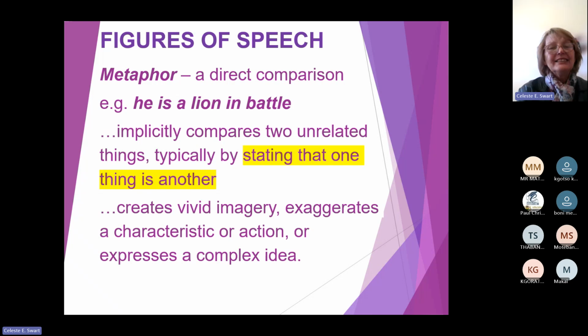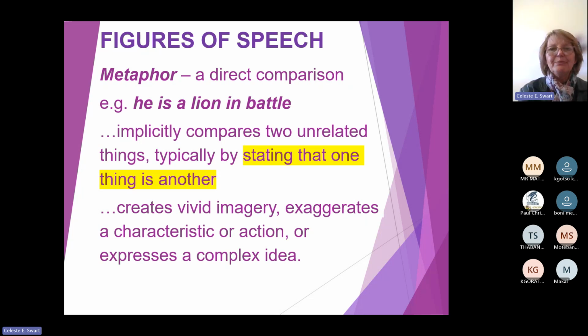A metaphor is also a comparison, but it's a direct comparison. Remember with the simile, we said he is like a lion in battle. Here we say he is a lion in battle. So we are stating that one thing is another. We're saying he is a lion in battle. So here we can see that we're comparing two unrelated things, but we are stating that he, maybe it's a man or could be she, the girl, is a lion in battle.